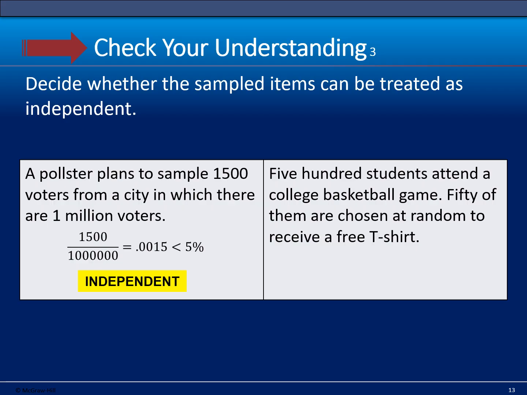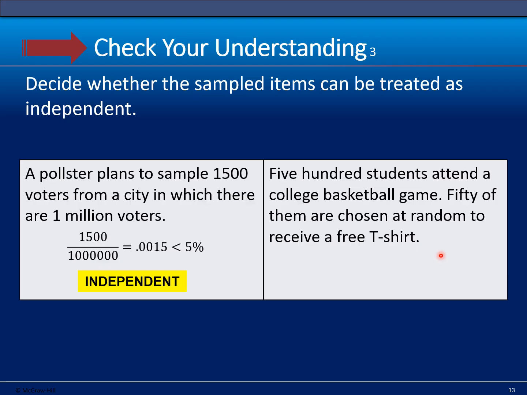500 students attend a college basketball game. 50 of them are chosen at random to receive a free t-shirt. 50 out of 500 is 10%, so it's not so small that we would consider it independent.